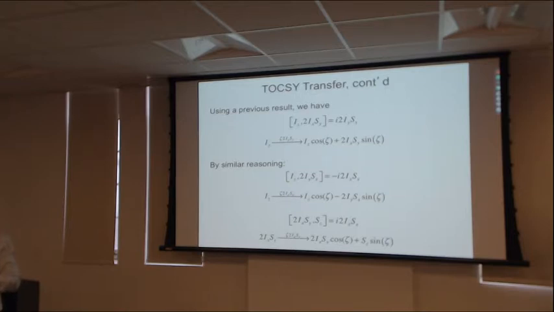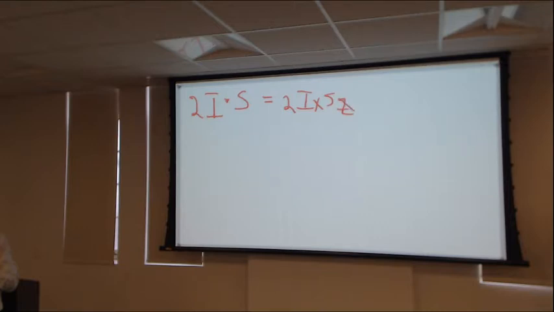And it turns out if we just think about two spins, the strong coupling Hamiltonian would be, now I can't remember if I used I dot S there, it's equivalent to I dot S. The strong coupling Hamiltonian would be I dot S, or 2 I dot S, 2 IX SX plus 2 IY SY plus 2 IZ SZ.